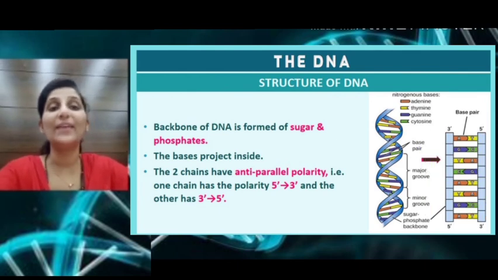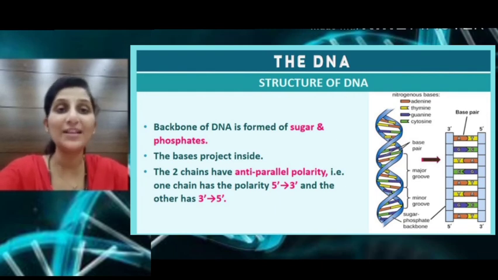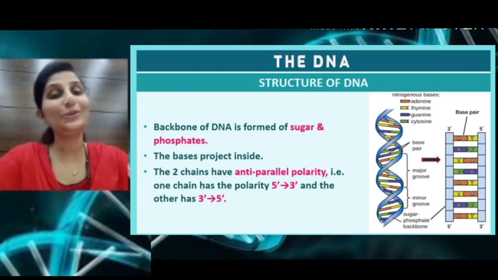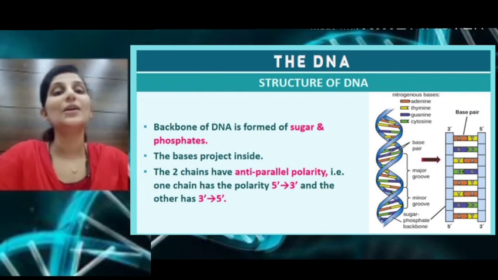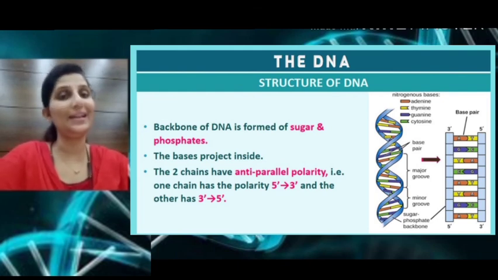That means they run anti-parallel to each other, that is, their polarity is in the opposite direction. If one strand is running in the 3' to 5' direction, the other strand will run in the 5' to 3' direction. So the backbone of DNA is made by the phosphate and sugar components, whereas the nitrogen bases project inward, and the two strands run in anti-parallel direction.